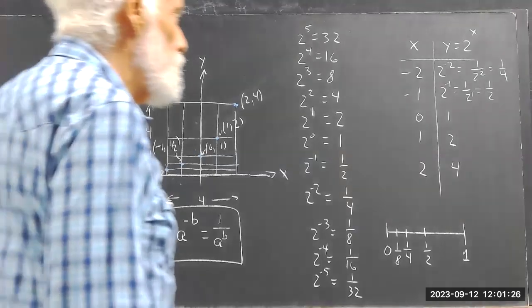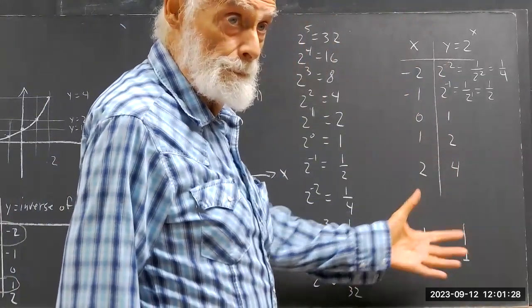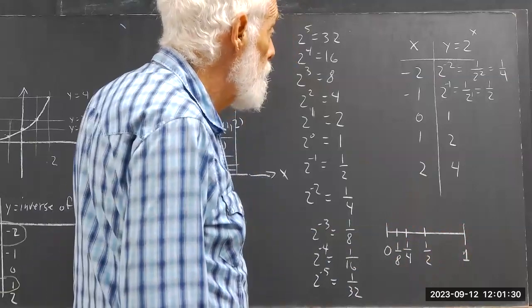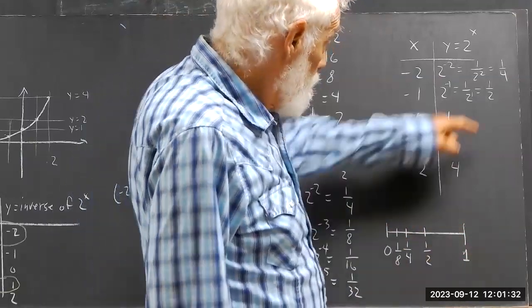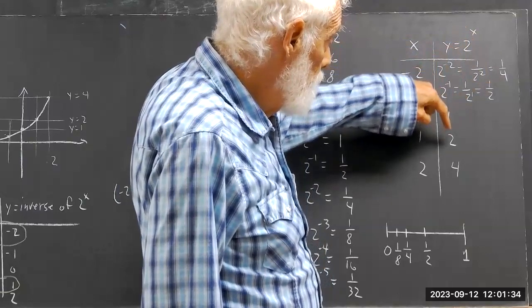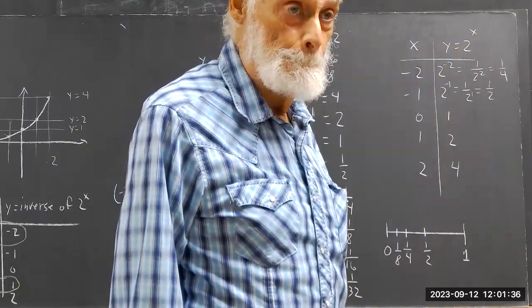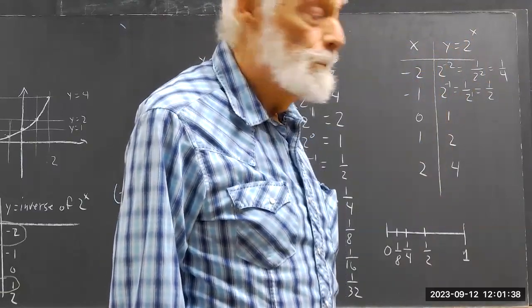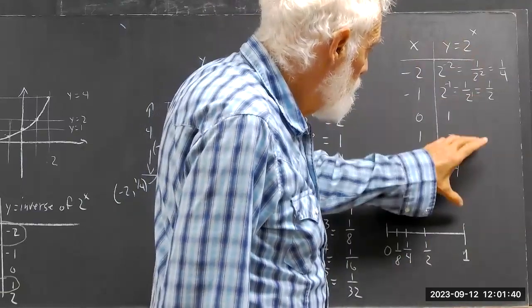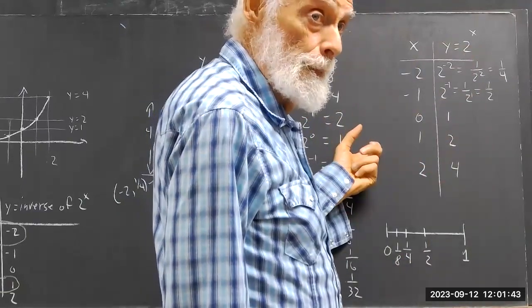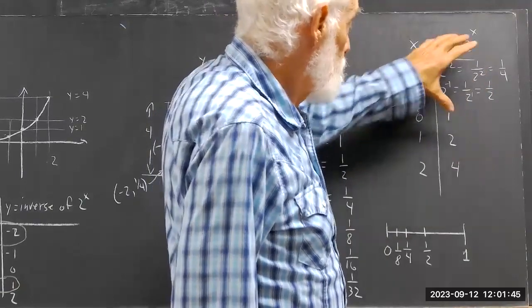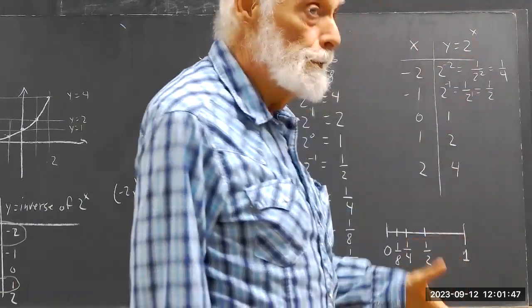Let's be clear about what we're doing. We've got this table. Okay. The numbers that we have in the first column are 1/4, 1/2, 1, 2, and 4, right? Okay. I said, take this column and put it over here. Okay. And just the numbers. You don't have to do the calculations. Calculations are done.